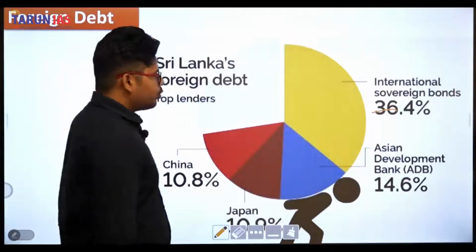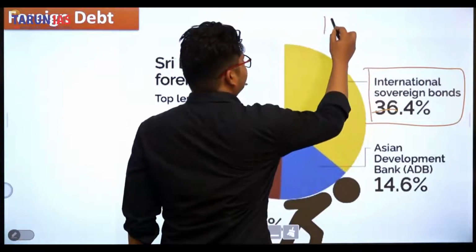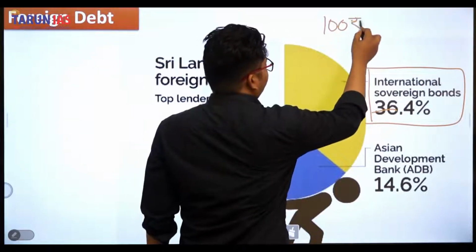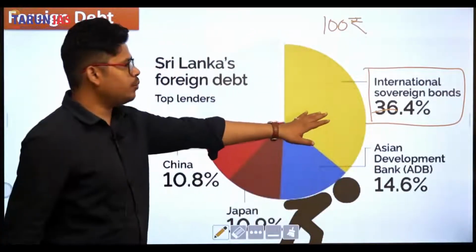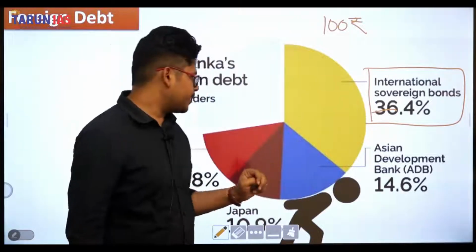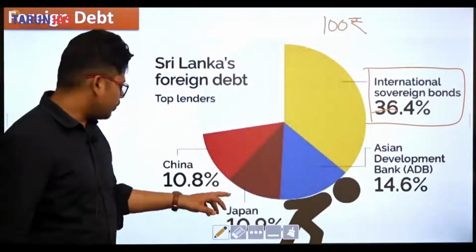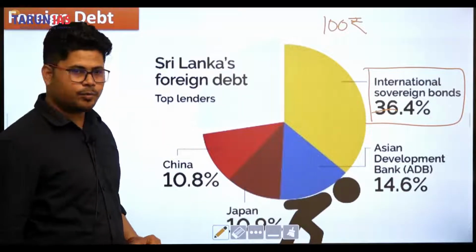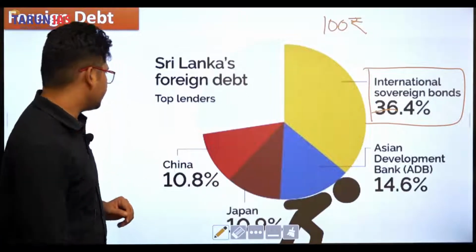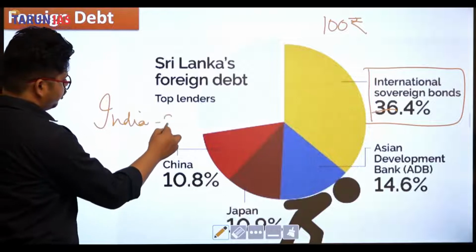If for example they have 100 rupees of loan, 36.4 rupees they have to pay as international sovereign bonds. 14.6 rupees to the Asian Development Bank, 10.9 rupees, basically 11 rupees, to Japan, 10.8 to China, and for India it is 2%.